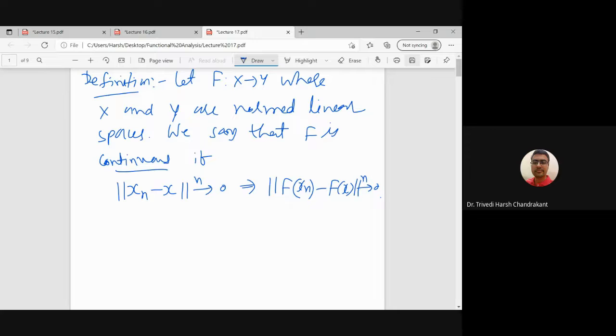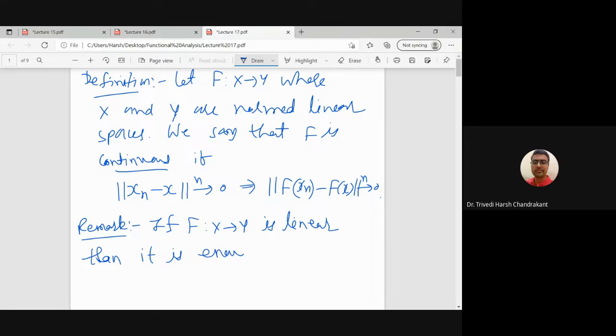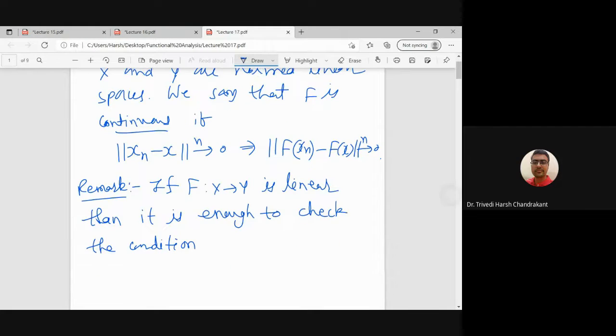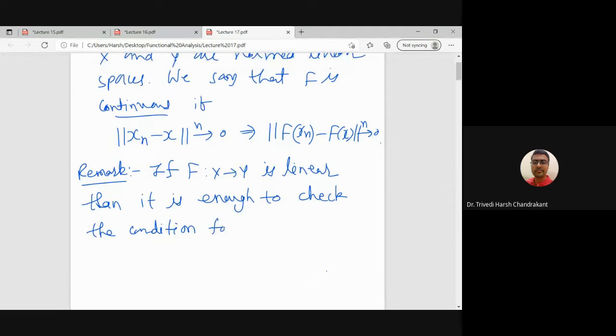Right, so the first remark is that if the given function f is linear, then it is enough to check the condition for x equals 0.